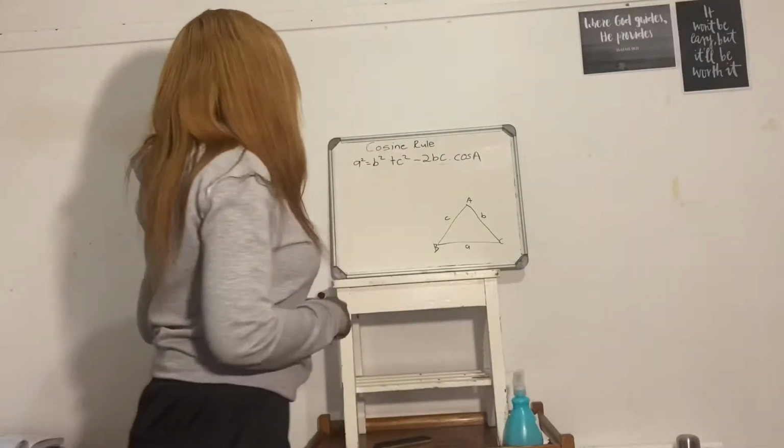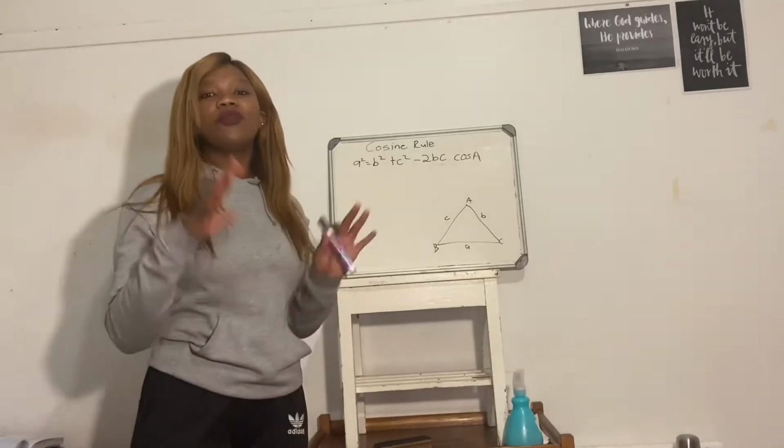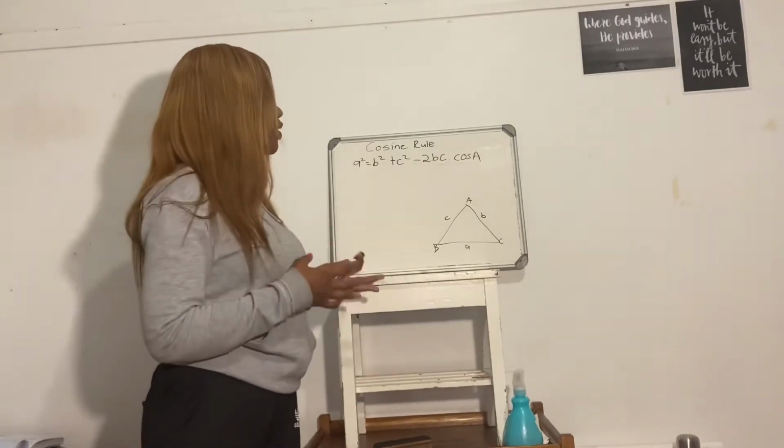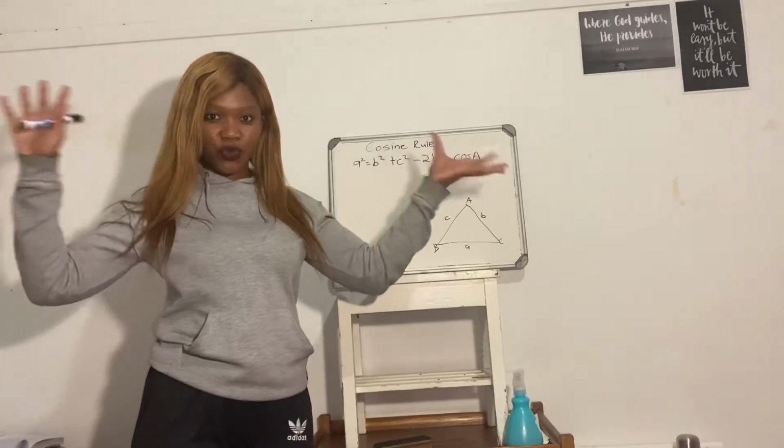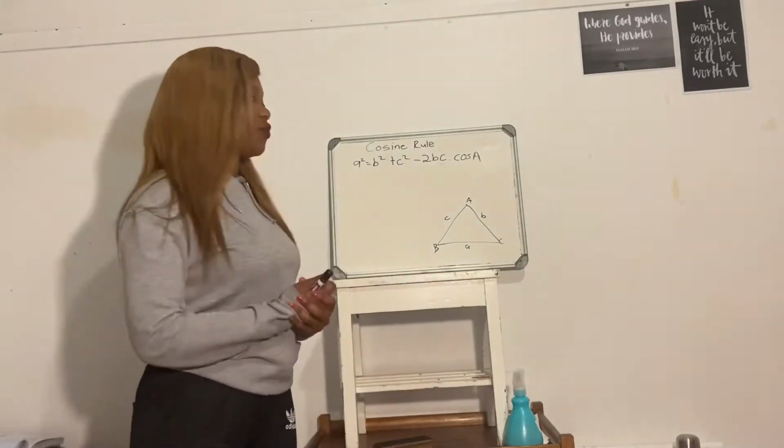Now on to the cosine rule. We're not going to prove these rules because you did them in grade 11. What we're doing is just browsing through them and making our memories fresh.